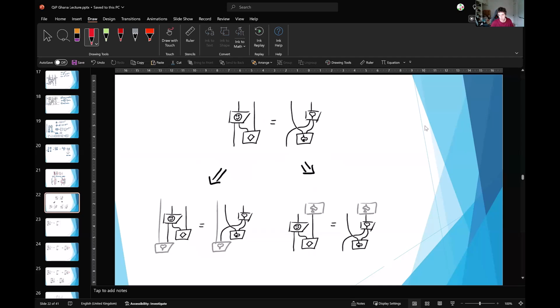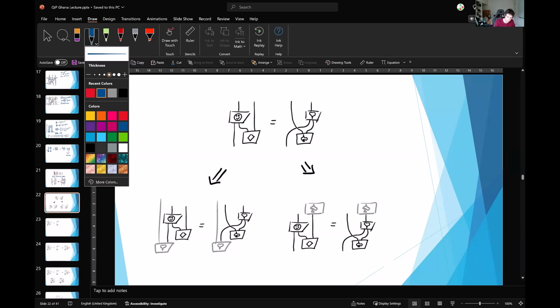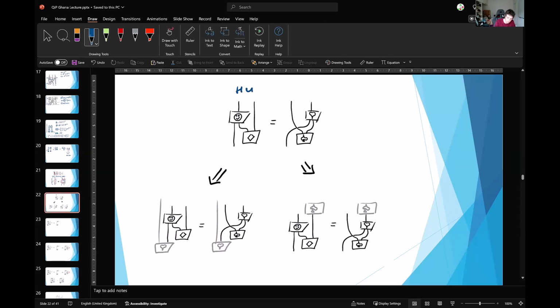Sometimes this is something that doesn't come directly from the wirings alone, but you impose some equations by hypothesis. Or by, I guess hypothesis is not maybe the right word. You impose them by axiom.